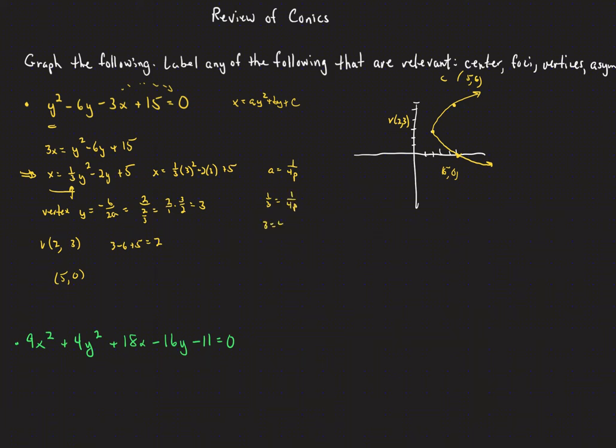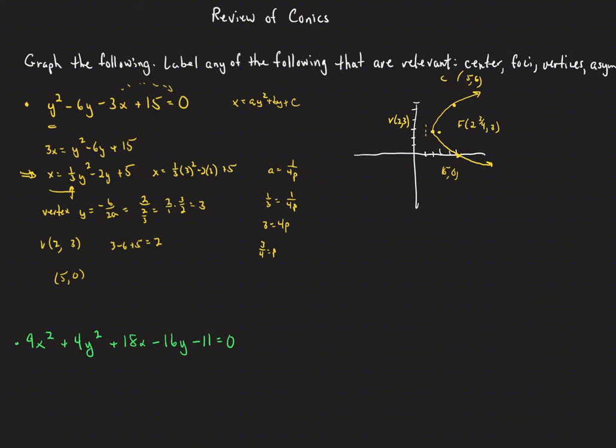If we take the reciprocal of both sides, we'll get 4p equals 3, and so p is going to be 3/4. And our focus has to be on the inside, the interior of that parabola, so we're going to go 3/4 to the right of our vertex. That will make the focus be 2 and 3/4, 3.